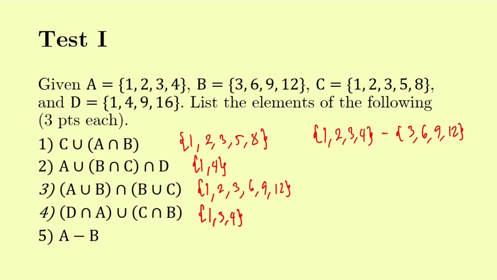Ano yung common sa kanila? That's 3. So we will remove 3 from the original 1. So that will end up with 1, 2, and 4. So sa 1, 2, 3, 4, inalis mo yung intersection nila, which is 3. So naiwan ay 1, 2, and 4. That's it.